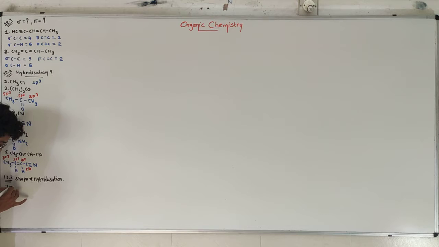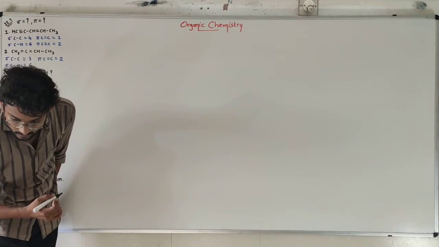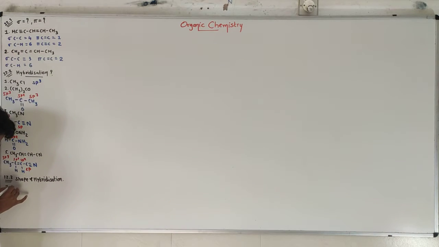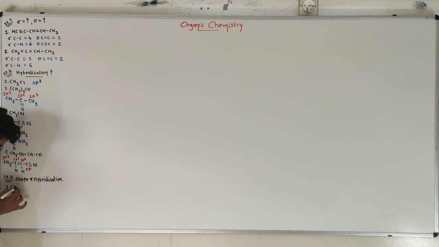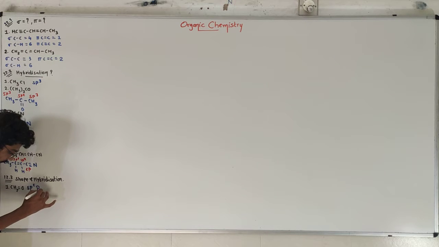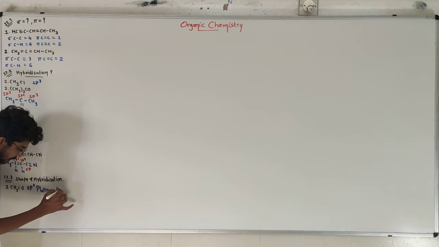The first compound is CH3CHO, or CH2 double bond O. Because of the double bond, it is sp2 hybridized, and the structure will be trigonal planar.